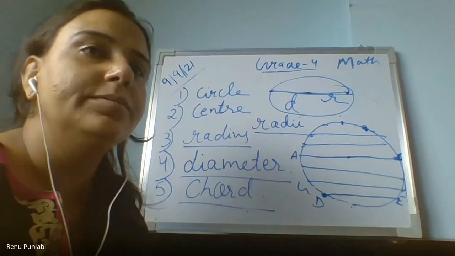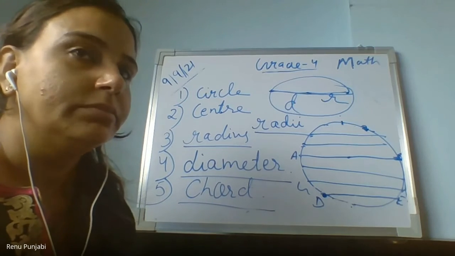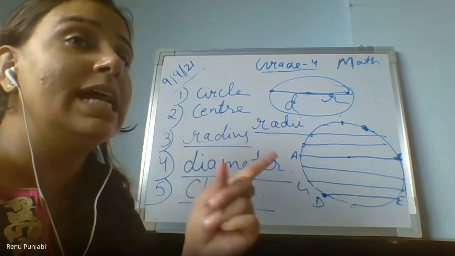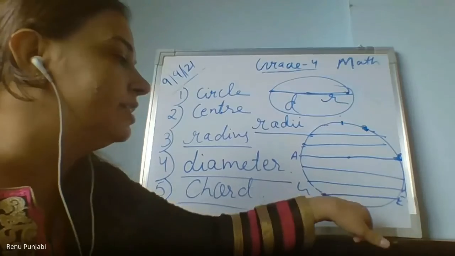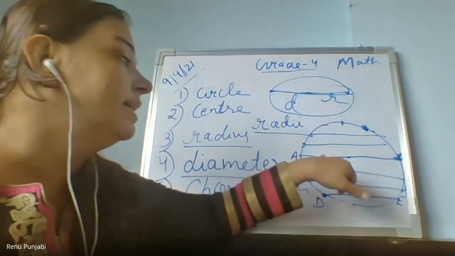Yes, Mihir. In diameter, the line passes through the center, but in a chord it does not pass through the center. Line, not line, line segment. The line segment is not passing through the center, but it is a chord.